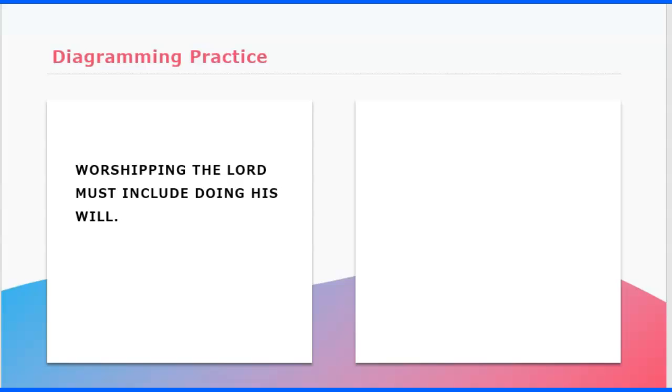Worshiping the Lord must include doing His will. Okay, so again, you're going to have a pedestal in your diagram. So you have to figure out where it's going to go on the line, and you need to figure out the verb. So I'll help you figure out the verb. Worshiping the Lord must include doing His will. Well, it's hard to ask a question, and so we need to look for action verbs.